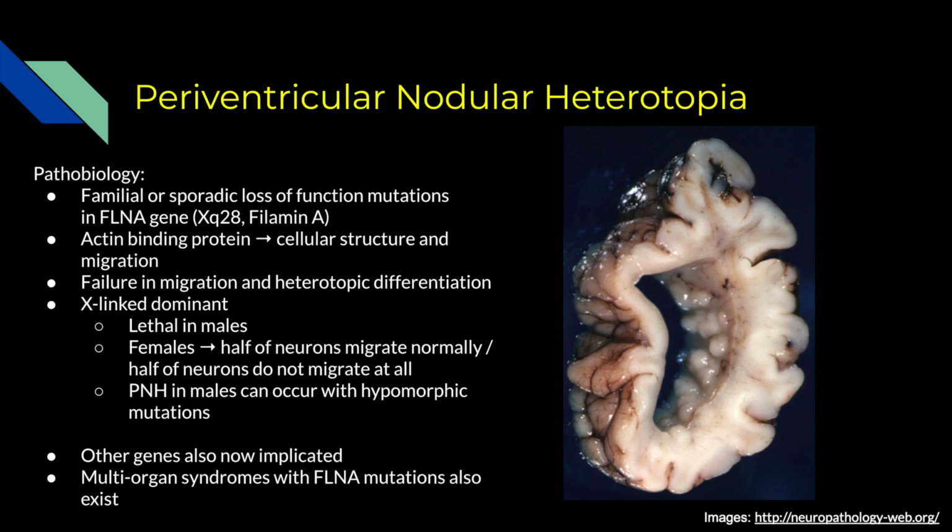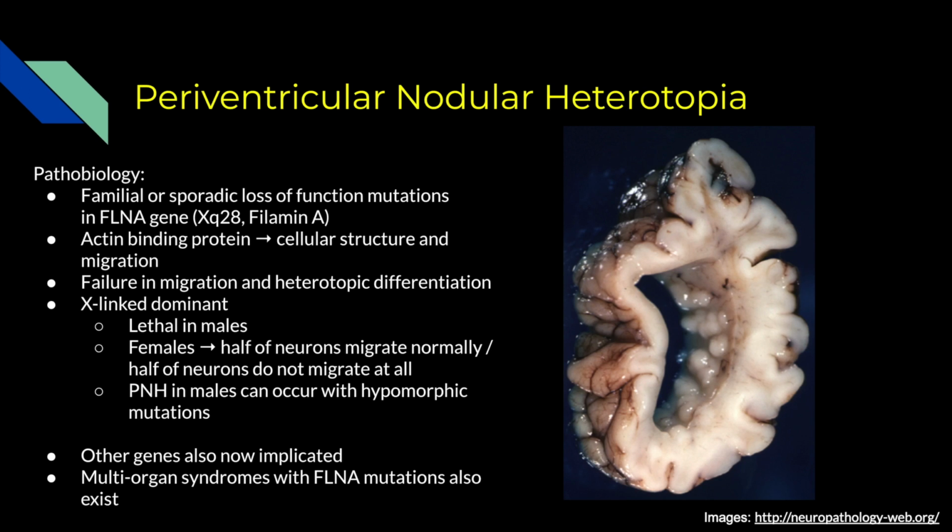Interestingly, females, due to a process called lyonization, have random X inactivation of one of their two X chromosomes. If this is random, half the neurons would actually have a normal filamin A protein, while half of them would not.